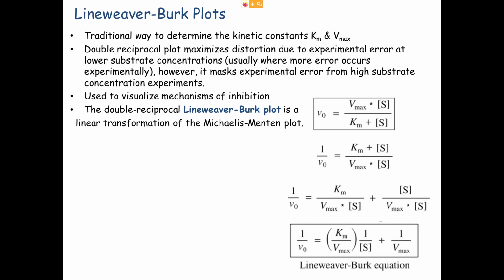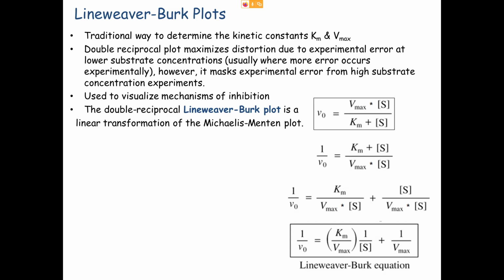So 1 over V naught is Km over Vmax times 1 over S plus the second fraction simplified to 1 over Vmax. Now this looks equally complicated to where we started, but if you look closely and remember which are the variables and which things are constants, remember S and V are variables and Km and Vmax are just constants, they're just numbers, right?